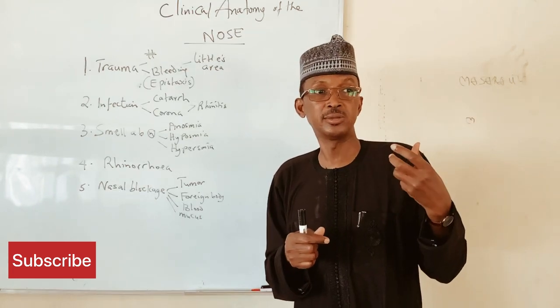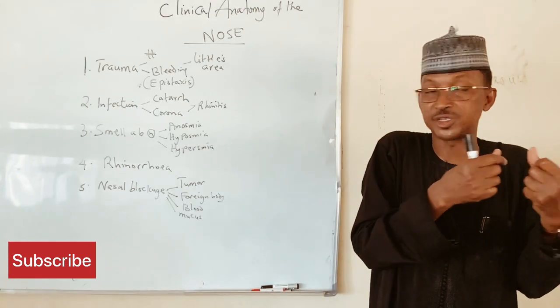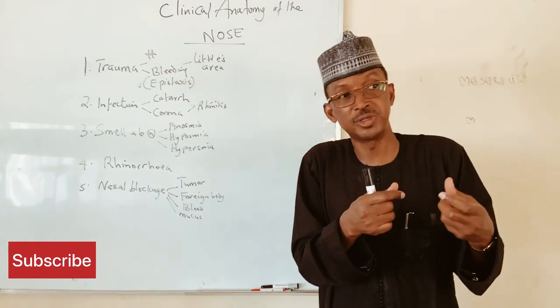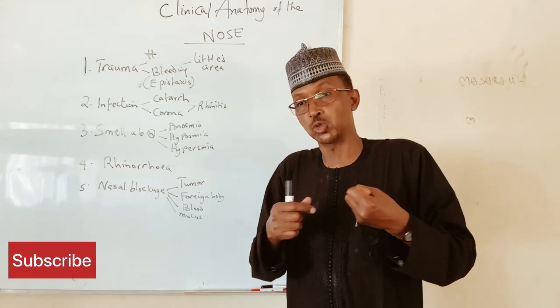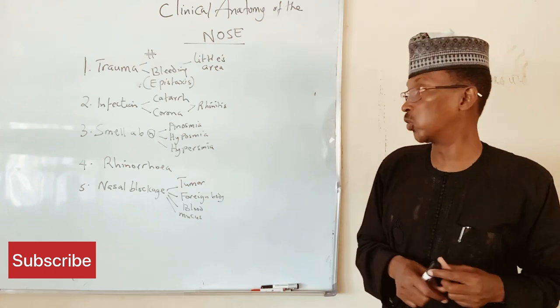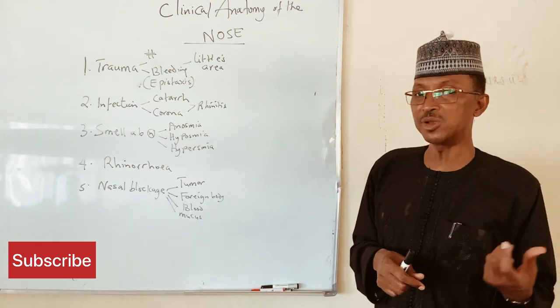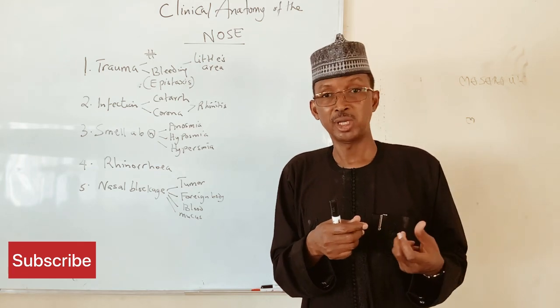So within 1-2 minutes, the vessel will get vasoconstricted as a result of the cold water or ice that you use to compress. So the blood vessels will constrict, and so the bleeding will stop. Similarly, you can use some nasal drops.